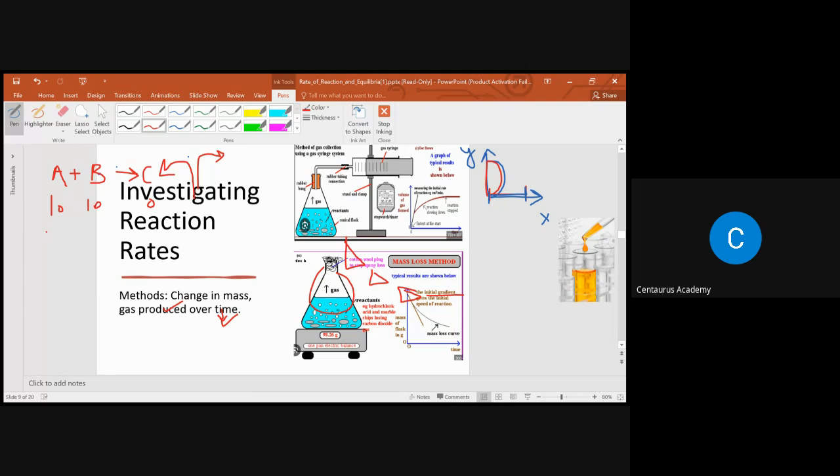In the next case, I say that A is going to become 20, and the other one still remains 10. As I am changing the amount of one particular reactant, this would also increase the amount of the product. Are you getting my point? Yes.